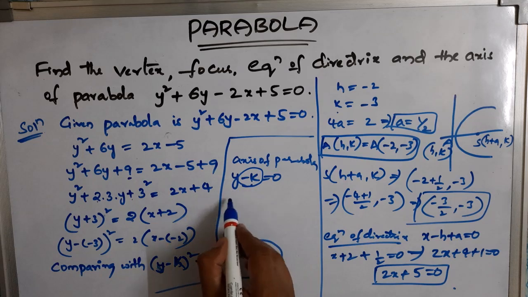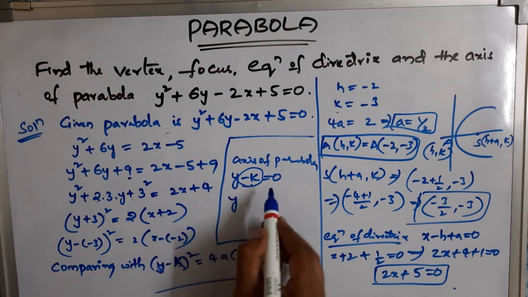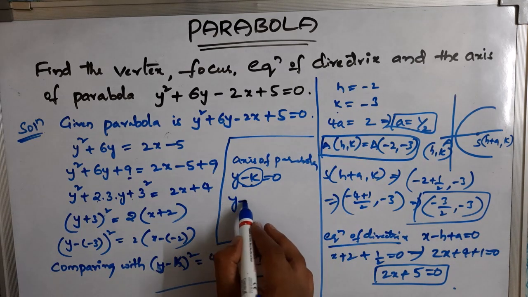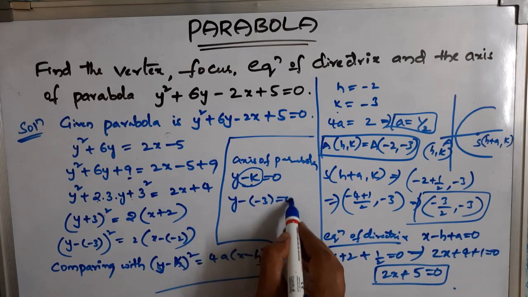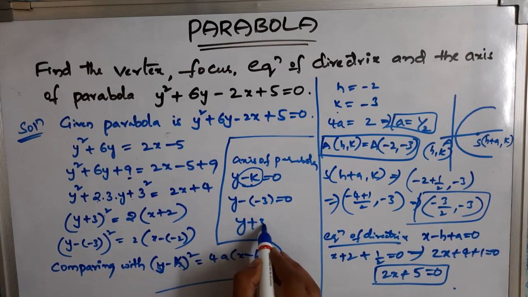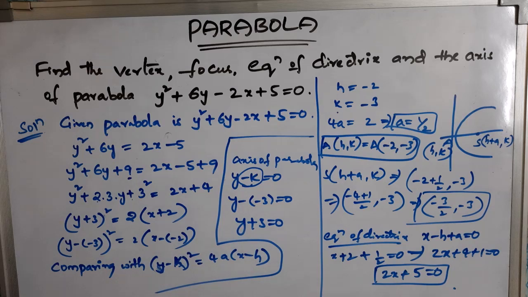Okay, now substitute the value of k here. K value is minus 3, minus of minus 3 plus, it becomes y plus 3 is equal to 0. So the equation of axis is y plus 3 is equal to 0.